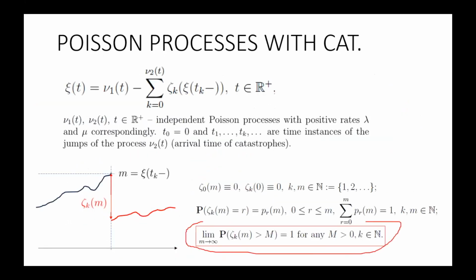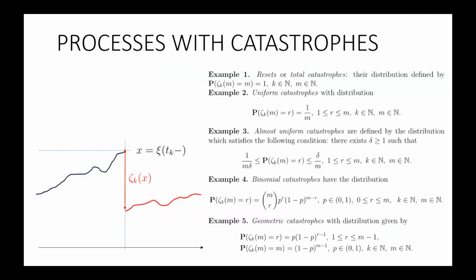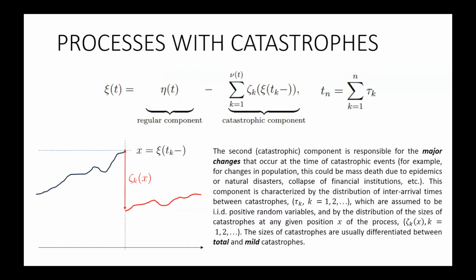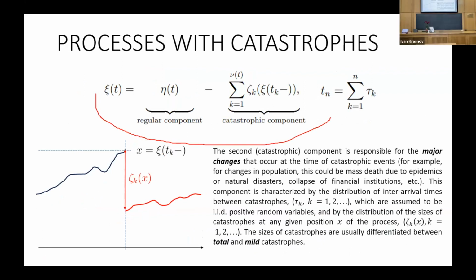Because if you see the general definition of catastrophe, there are a lot of processes that can satisfy this. Why should we say that this process is a catastrophe process? I think it's a good name.